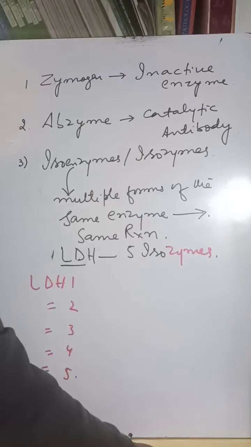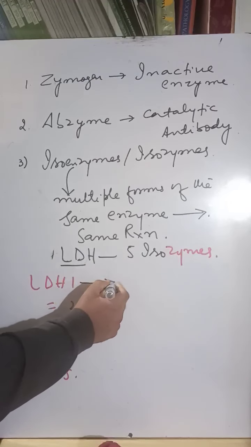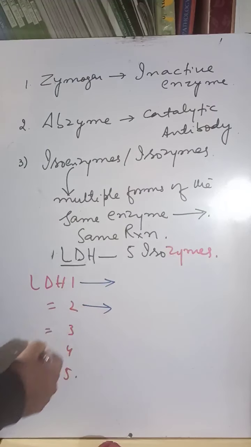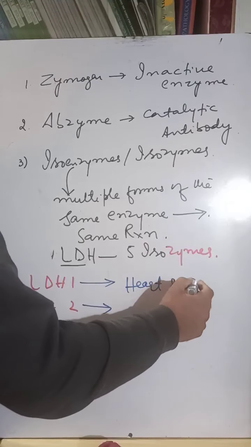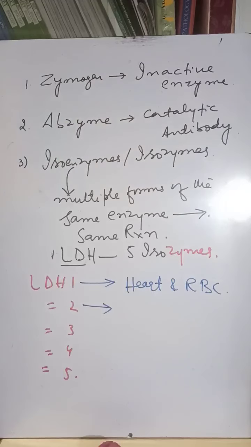Got it? Now LDH1 and LDH2, it is present in heart and RBC. In the heart and the red blood cell, you will find LDH1 and you will find LDH2.